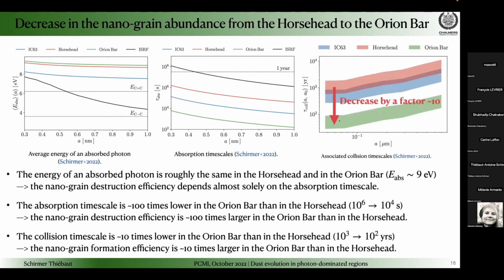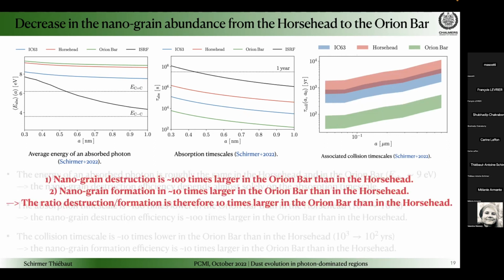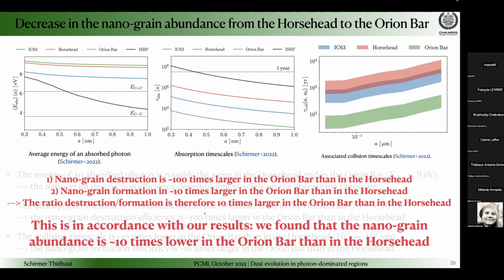And if you now look at the formation of the nanograins, you see that the collision timescale is decreased by a factor 10 from the Ørsted to the Orion bar, which means that the nanograin formation efficiency is 10 times larger in the Orion bar than in the Ørsted. If you combine those two results, it means that the ratio between the destruction and the formation is 10 times larger in the Orion bar than in the Ørsted, which is in accordance with what we found from the observations.